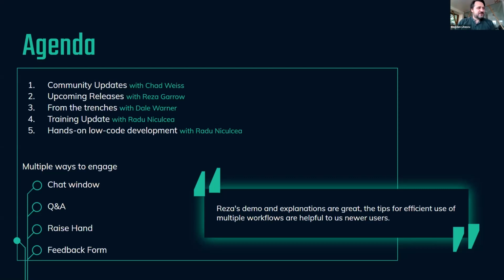After which we'll hear some stories from Dale, our head of support, some stories from the support channel where we can see some practical solutions to problems. And finally, we'll have Radu give us a training update, after which continuing the series that we started 3 editions ago on how to structure a low-code application.